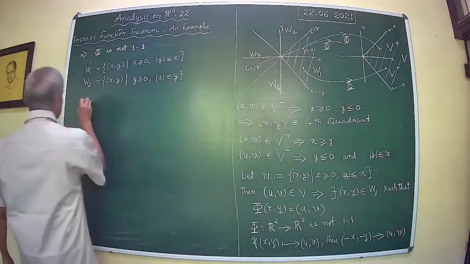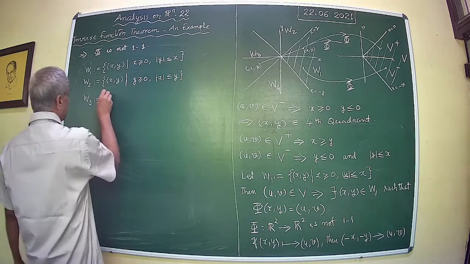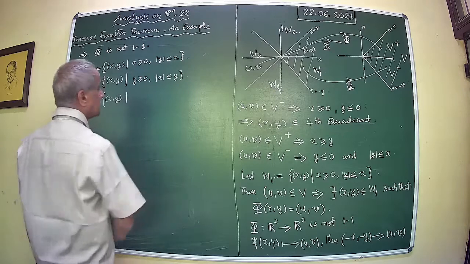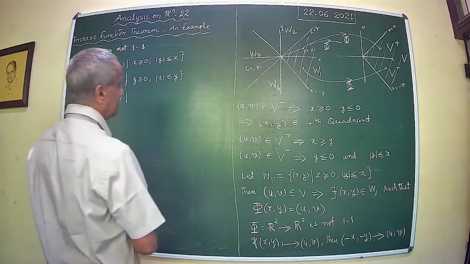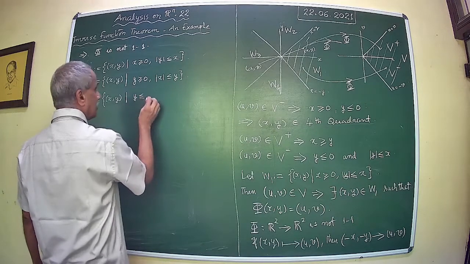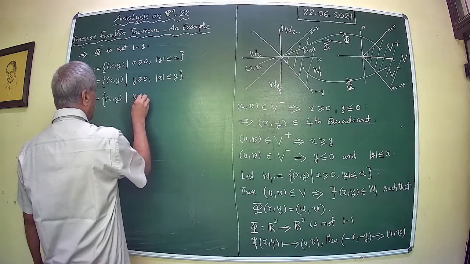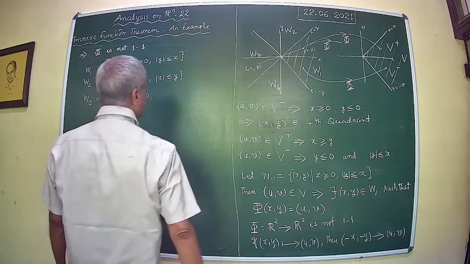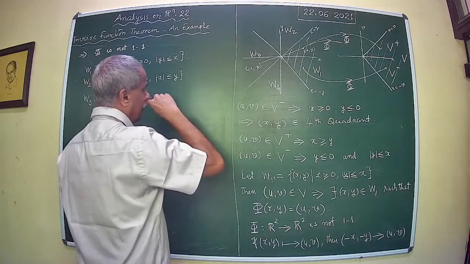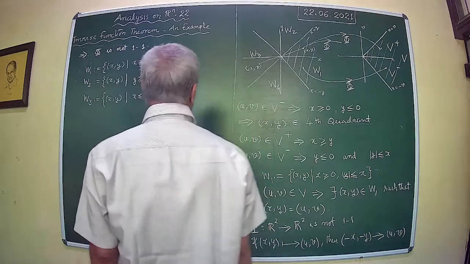Third one, W3, such that what you have is y also could take negative values.